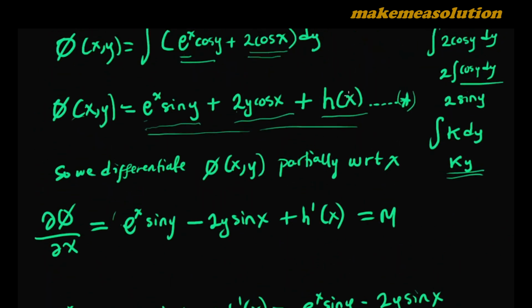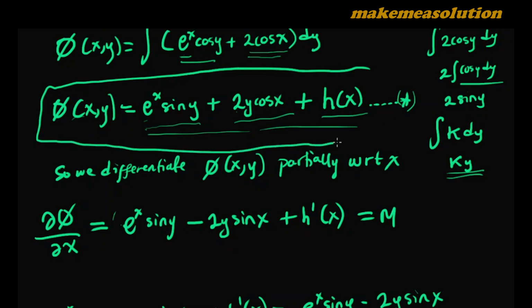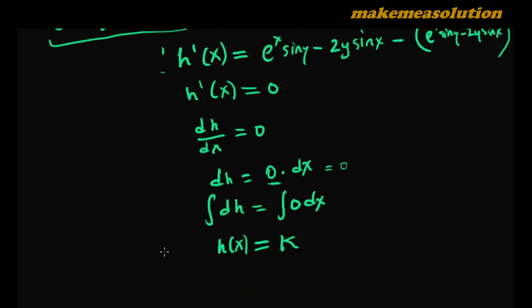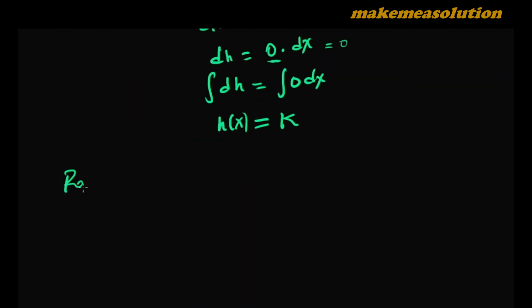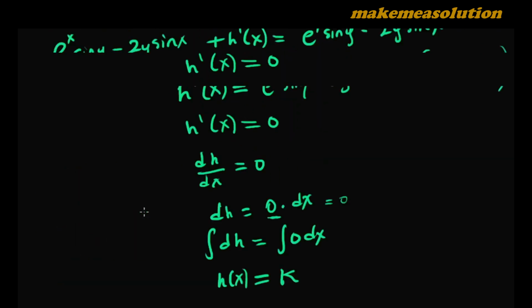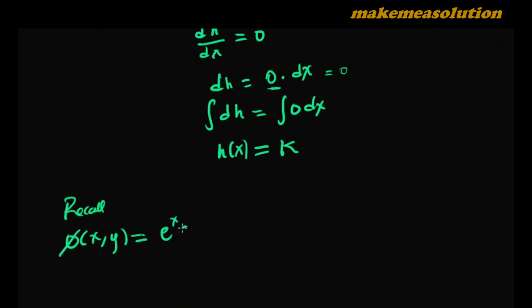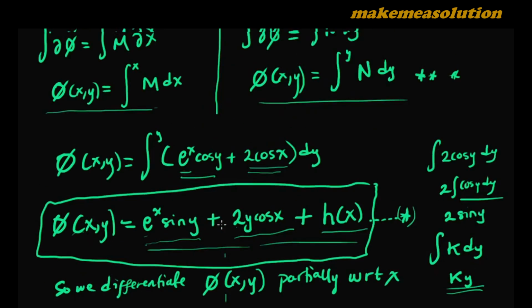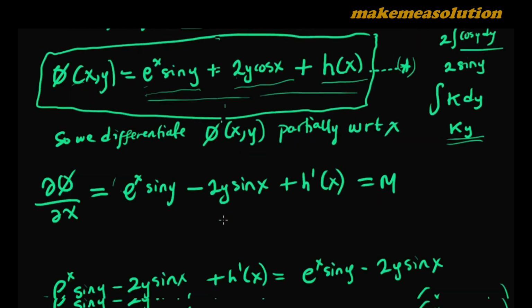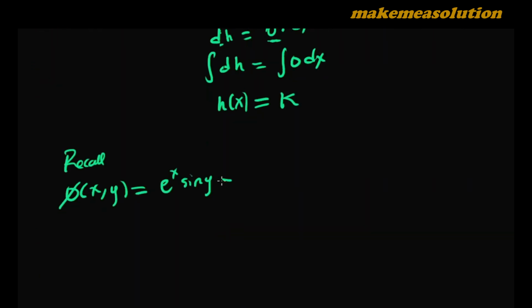So where does this h of x apply? It applies here now. So this is our answer. This is our half-baked answer, if I'll put it like that. So recall that phi of x comma y is equal to exponential x sin y, actually a plus 2y cos x, plus h of x.